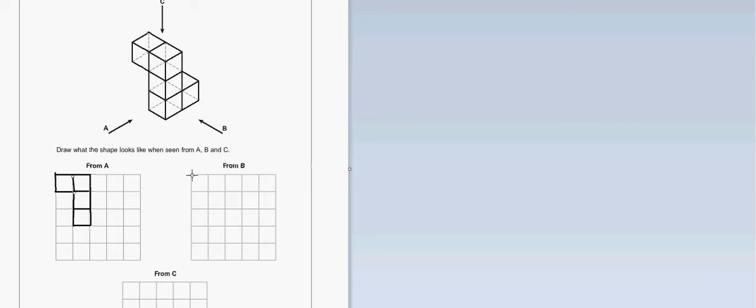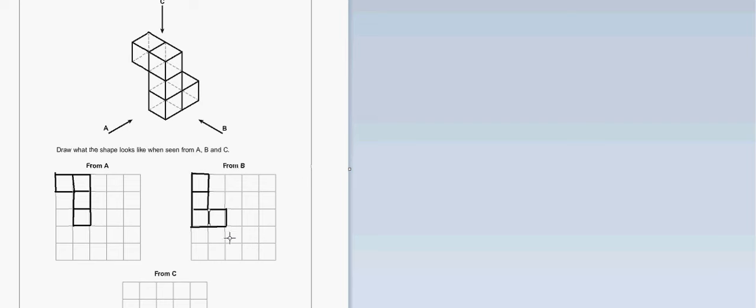So I would see 3 squares down and I would see 2 across on the bottom. I would see this 1 square here. I would see this 1 square here. These 3 here and here. And then if I just draw these in, the examiner can see what I'm doing.